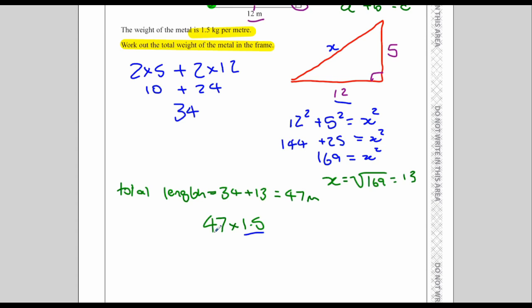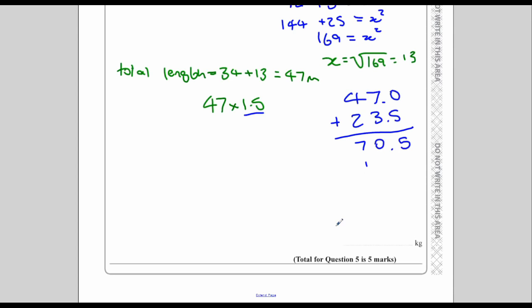Half of 47 is 23.5. Okay, so add these two together. 7 add 3, 0, carry 1. So it's going to be 70.5 kilograms. That's your answer. 5 marks.